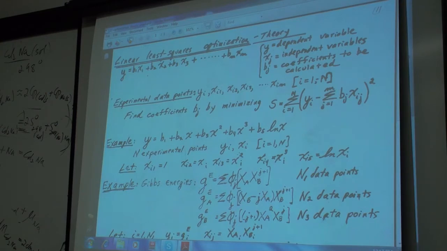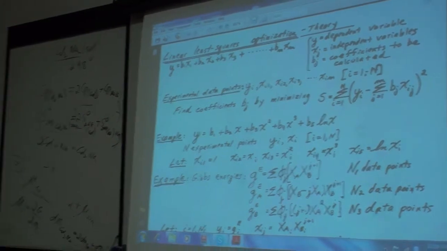In the example we did with sodium cadmium, I would put in the liquidus points, the heat of mixing, the log gamma, the HXS of sodium and whatever other data I might have, and it would fit the whole thing to the proper equations. I would have to tell it what equations I want, use so many parameters, and then it would give me the best value of those parameters.